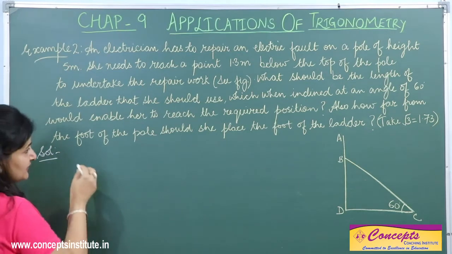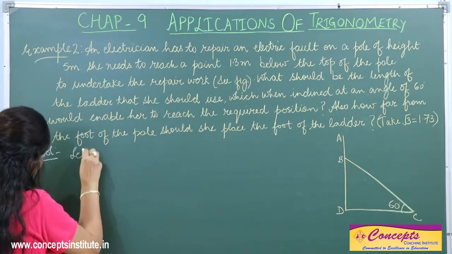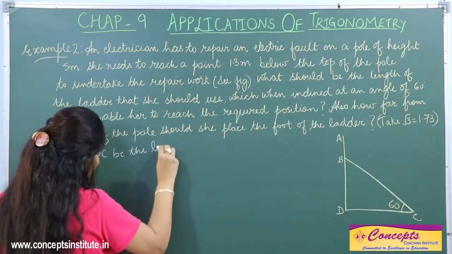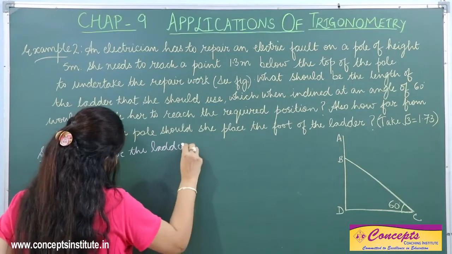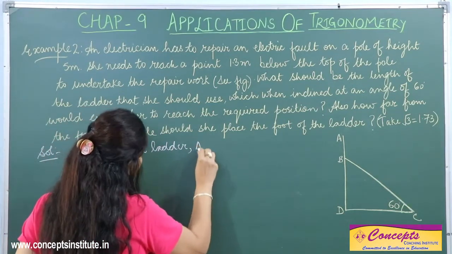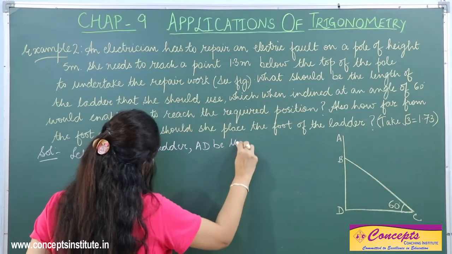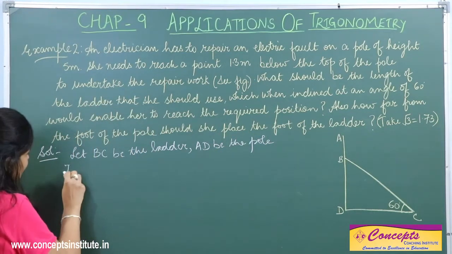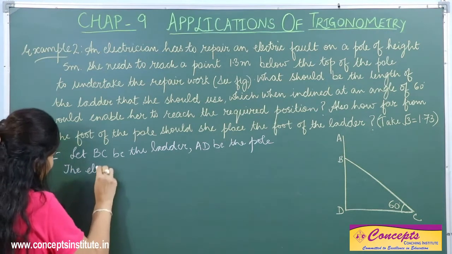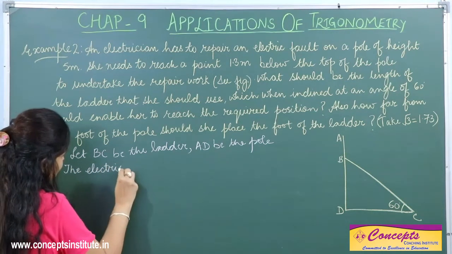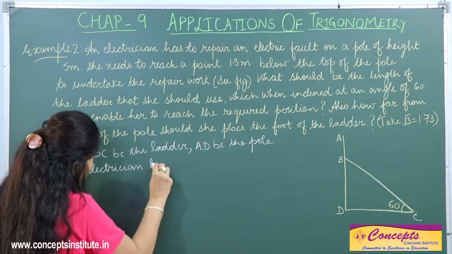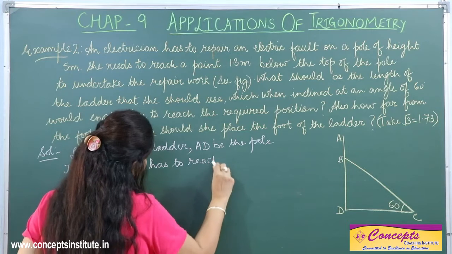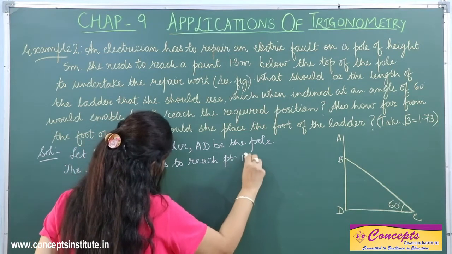First of all, I am going to write that let BC be the ladder and AD be the pole, right? So the electrician has to reach point B, right?